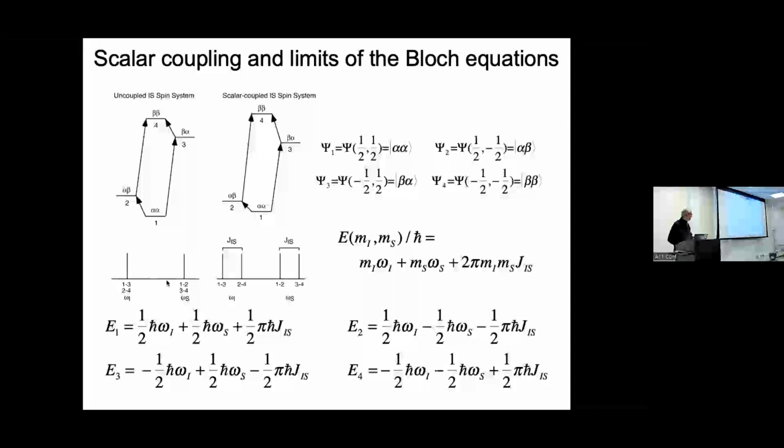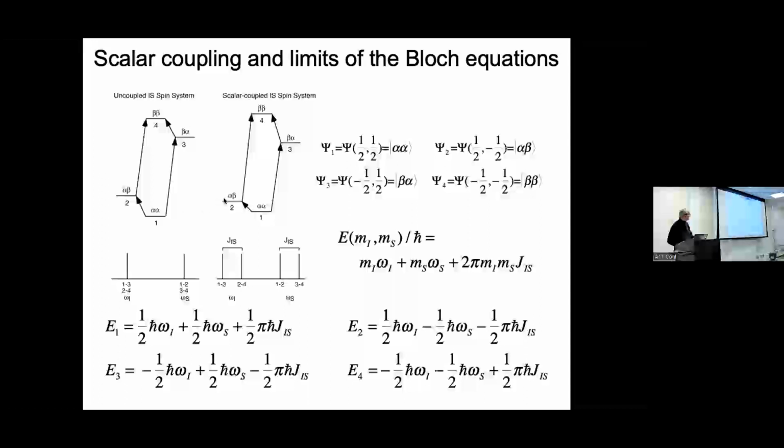So here's the spectrum we would see if J was equal to 0. The spins are independent, and we just see one line for the I spin and one line for the S spin. But it turns out the lines are doubly degenerate, because this transition and this transition would have the same energy if J was 0. This transition and this transition would also have the same energy if J is equal to 0.